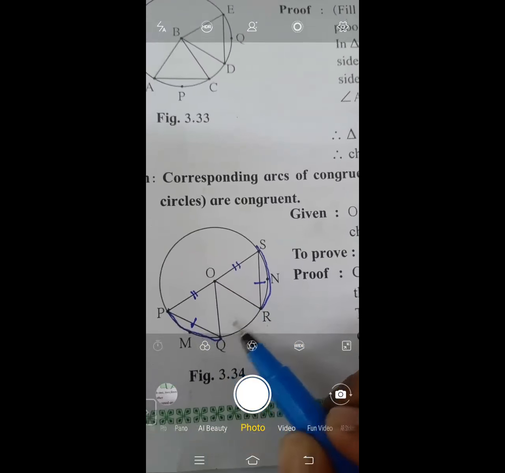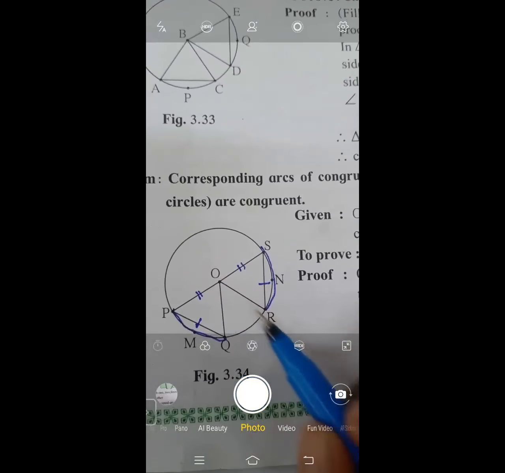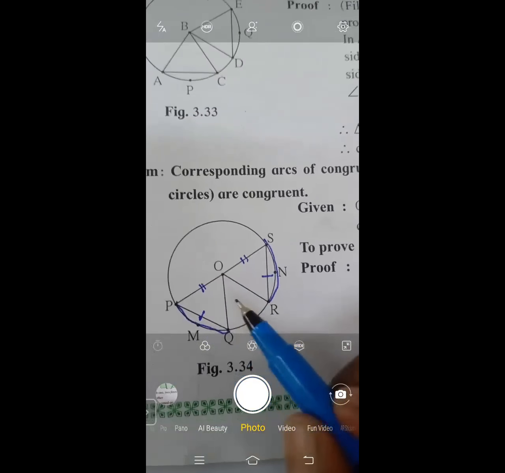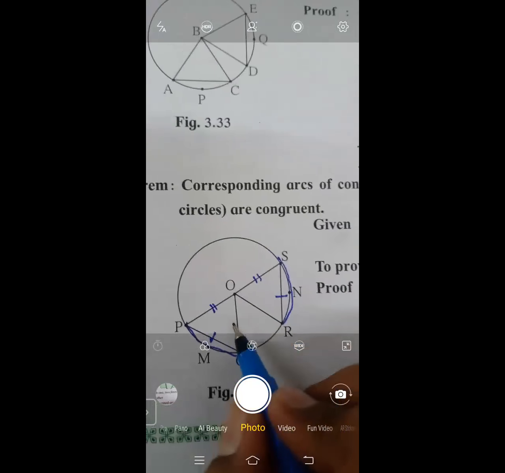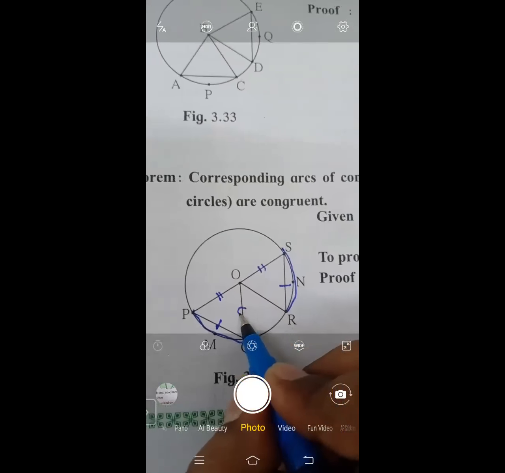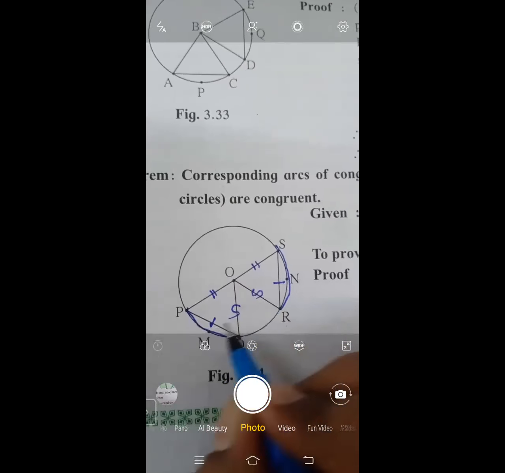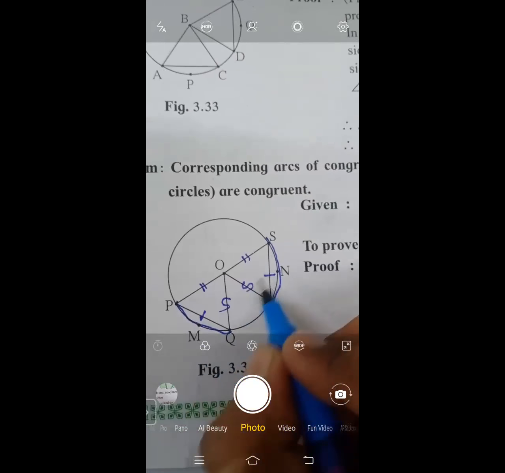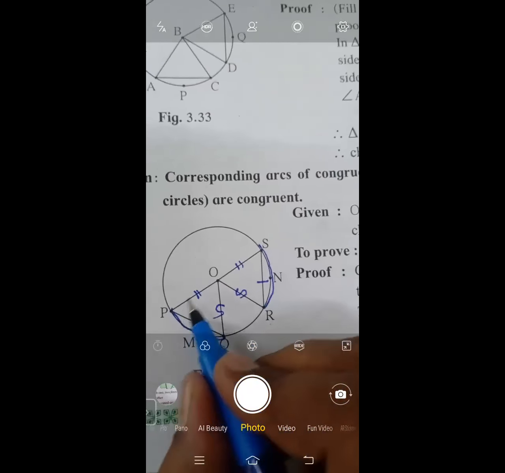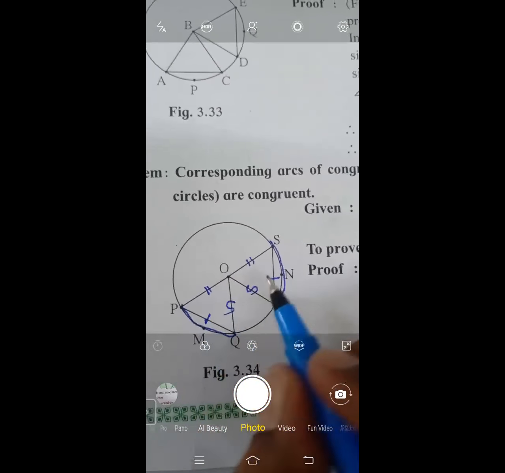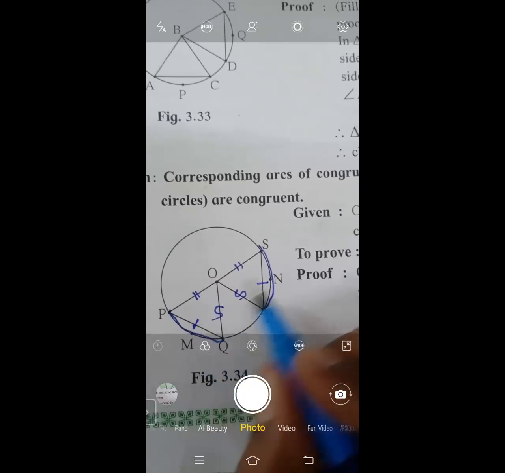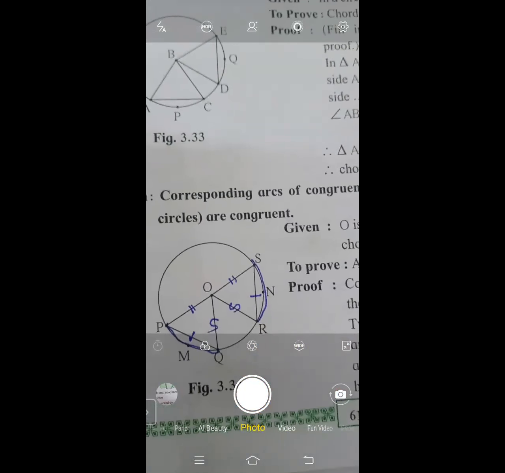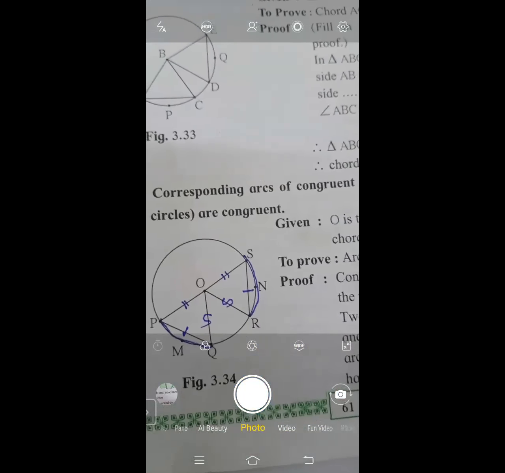Then OR is equal to OQ, this is also a radius of the circle. And the chords are congruent, it is given. So all three sides are congruent to the three sides of the other triangle, so both triangles are congruent by the SSS test of congruence.